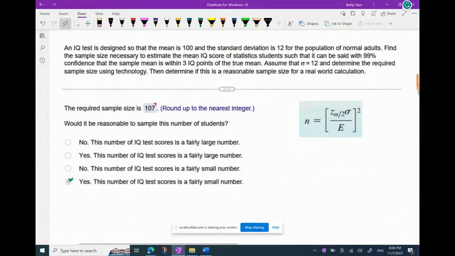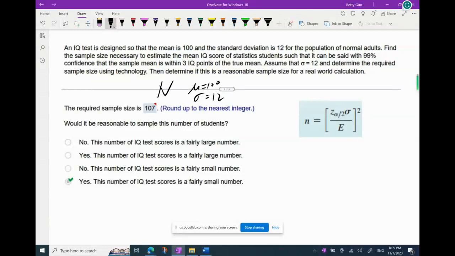An IQ test is designed so that the mean is 100, standard deviation is 12 for the population of normal adults. Let me take my notes. So I have mu equals 100, sigma equals 12 for the population. Population is normal.